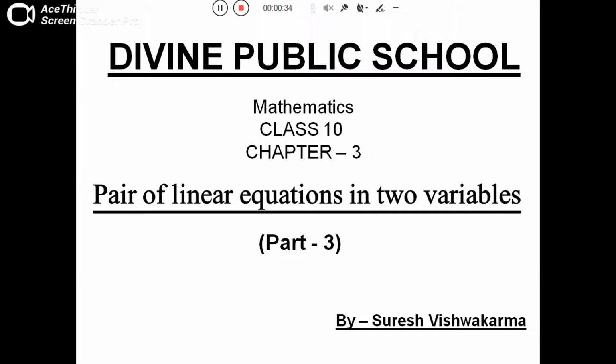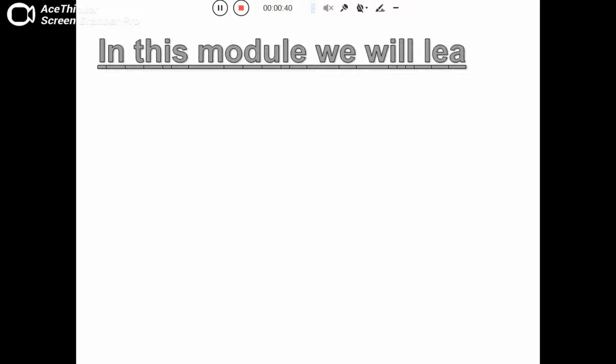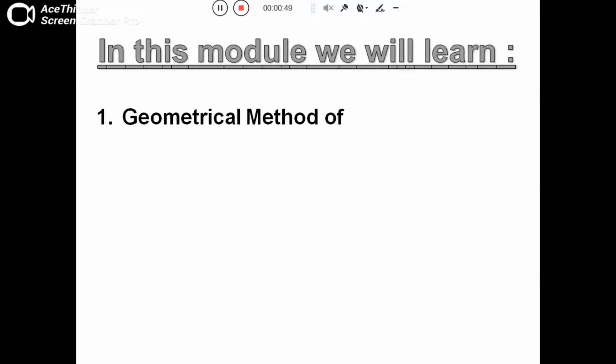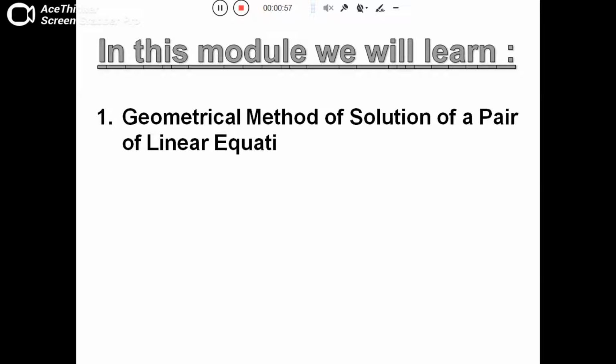And in this module we are going to learn about the geometrical method of solution of pair of linear equations in two variables.